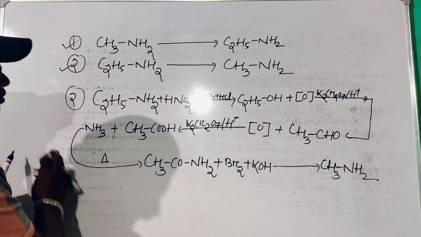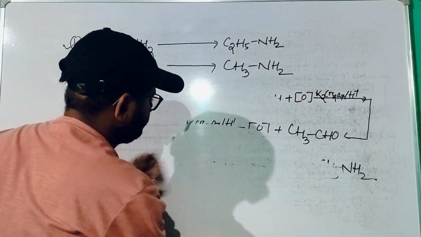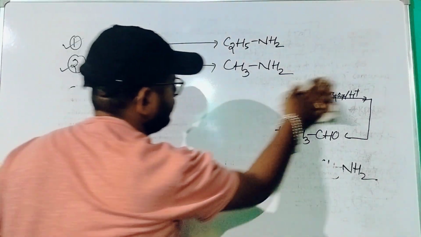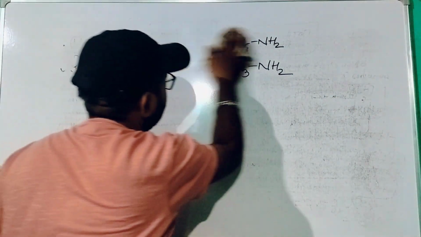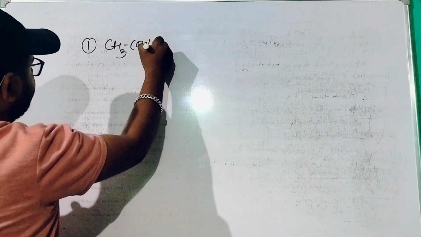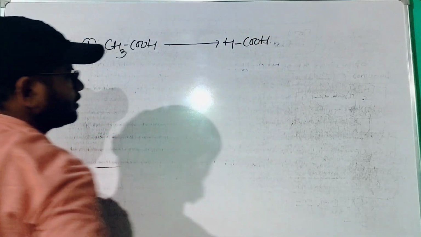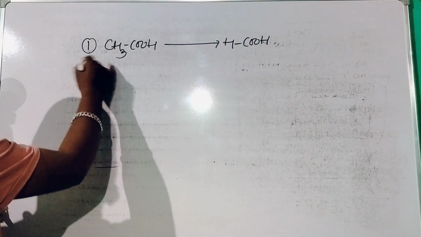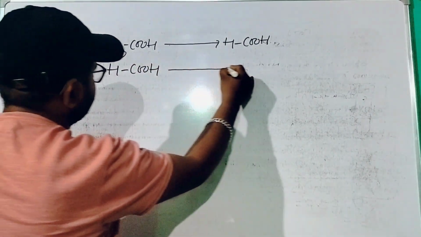And our next conversion is how can you convert acetic acid into formic acid, and the second one is formic acid to acetic acid.